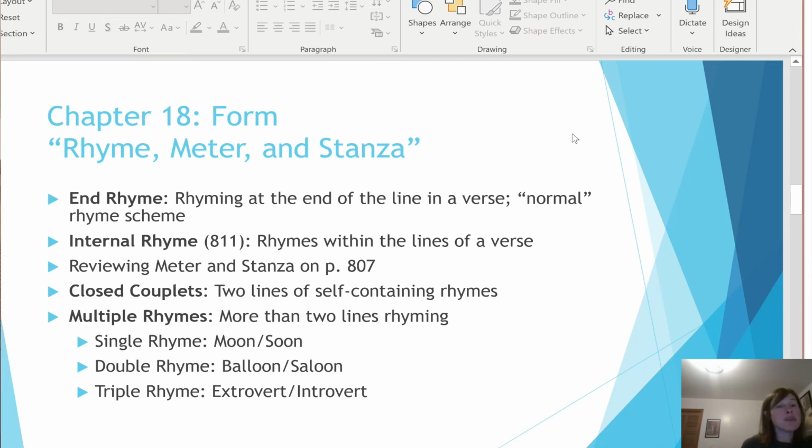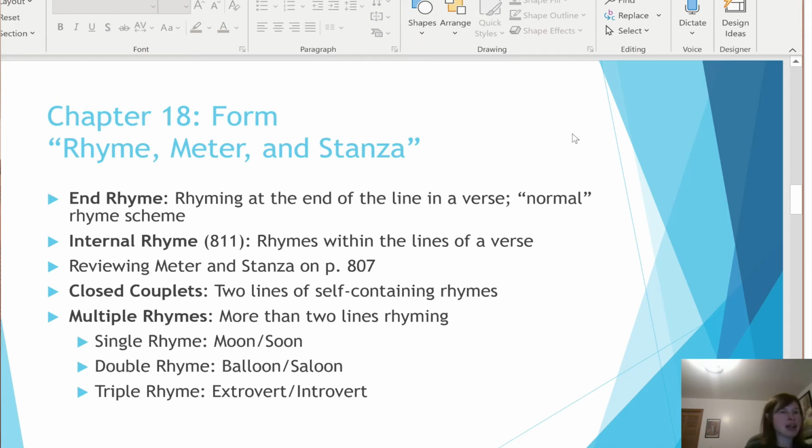Now, this term, multiple rhymes, will be on your exam. I'm going to ask for the definition, which is where more than 2 lines rhyme. And I'm going to ask you for an example of single, double, and triple rhymes. So with single, you have something like moon, soon, 1 syllable each. Moon, soon, blue, true.